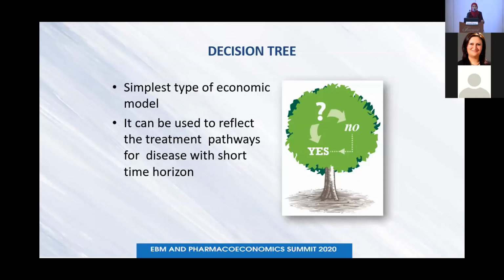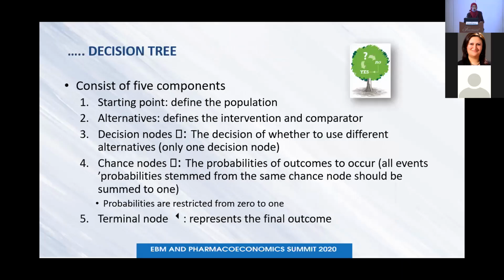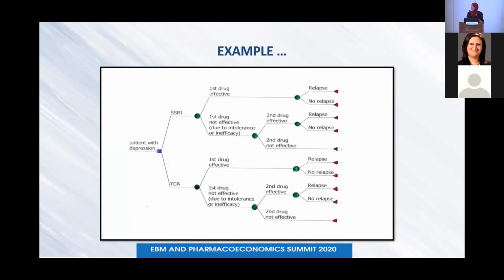I will start with the decision tree. The decision tree is the simplest type of economic modeling. It is used to reflect the treatment pathway for diseases with a short time horizon. If you want to have a look at how the decision tree looks, it looks like this. Here is an example for a patient with depression. We start with the population.